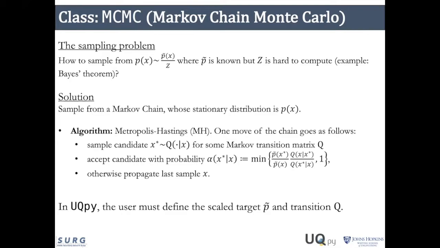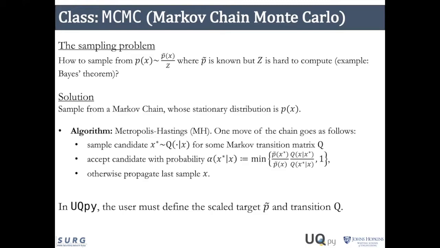You initialize your chain using your seed sample, and then you walk your chain, where one move of the chain goes as follows. First, you sample a candidate X star using your previous sample and a transition PDF Q. And then you either accept or reject that candidate based on a certain probability of acceptance alpha, which you can see the equation here.